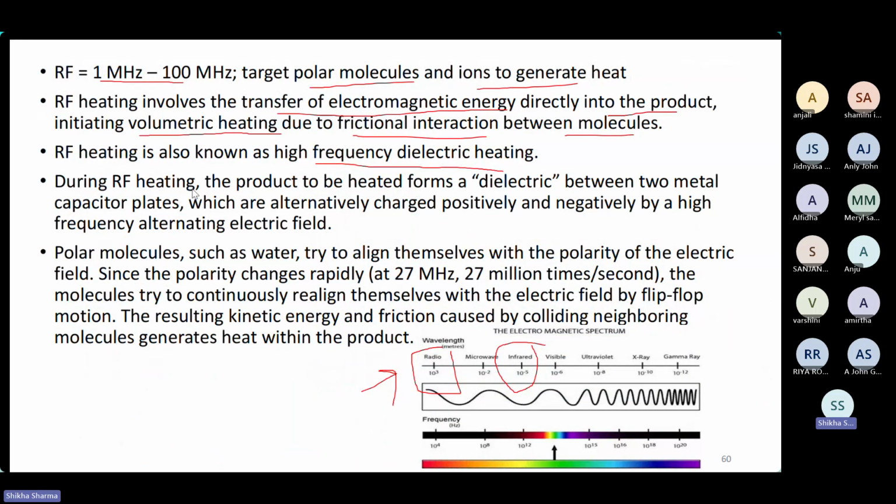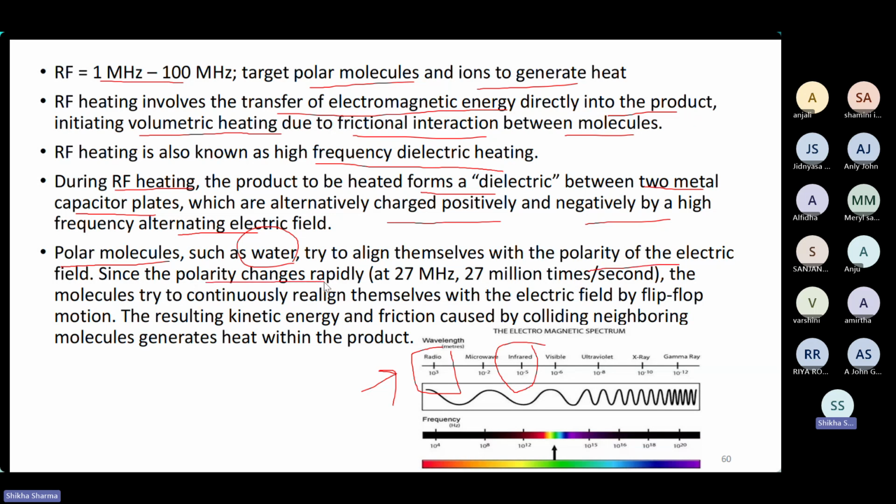So during RF heating, the product is heated and forms a dielectric between two metal capacitor plates which are alternatively charged positively and negatively by a high frequency alternating electric field. The polar molecules like water try to align themselves with the polarity of the electric field.